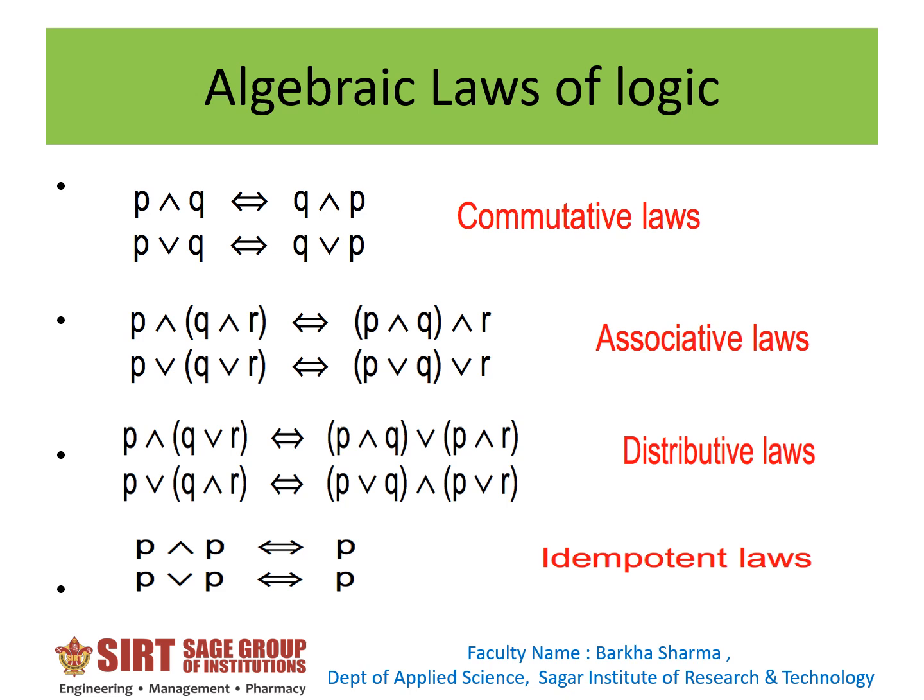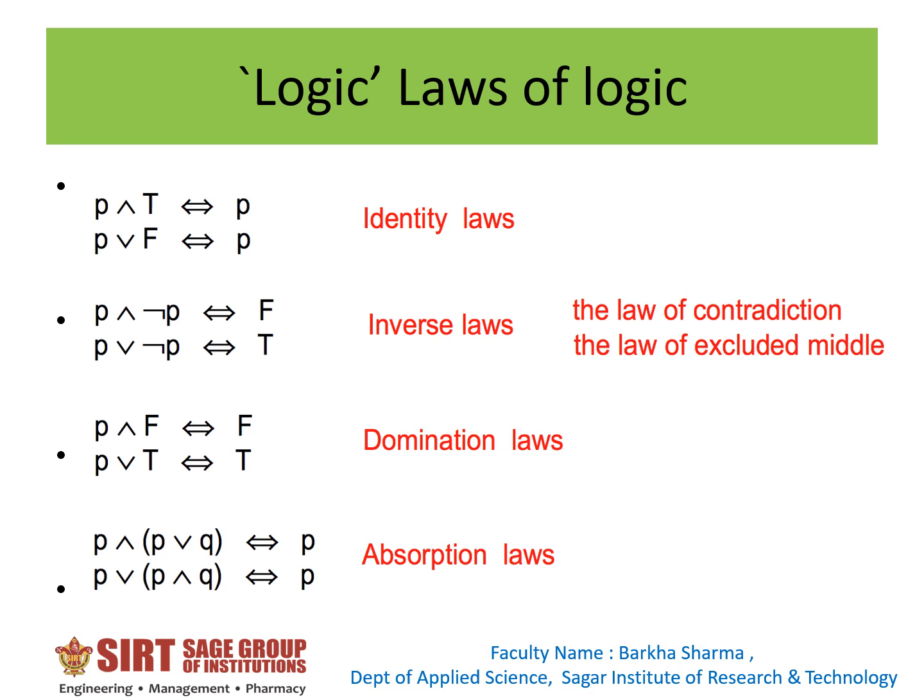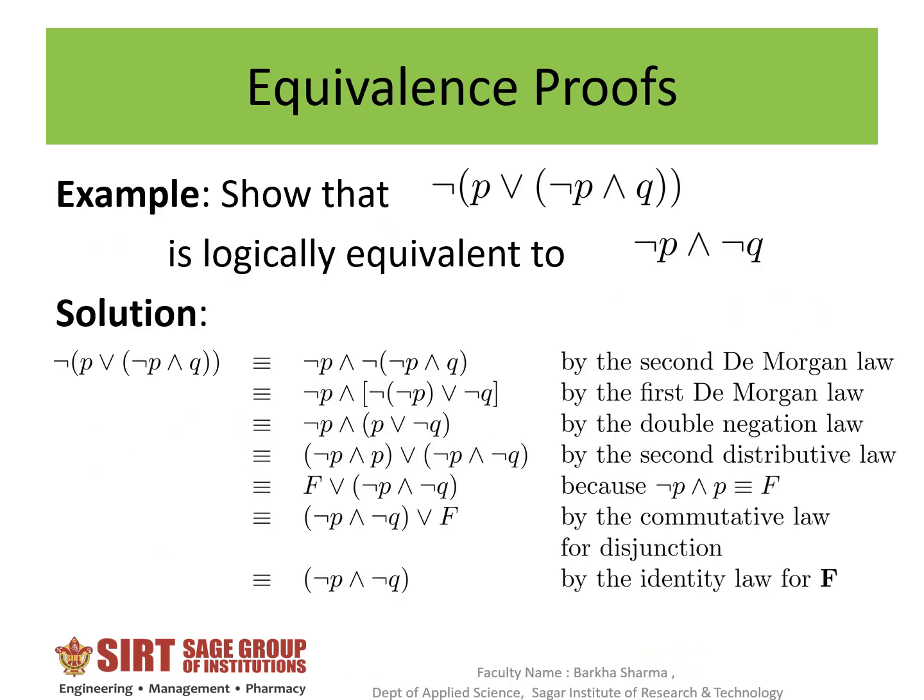Now next, algebraic laws of logic. We know commutative law, associative law, distributive law, and idempotent law. Here, laws of logic: identity law, inverse law, domination law, absorption law, and equivalence proof.